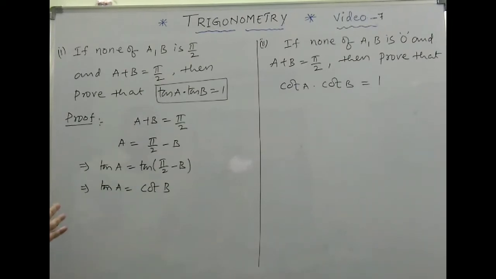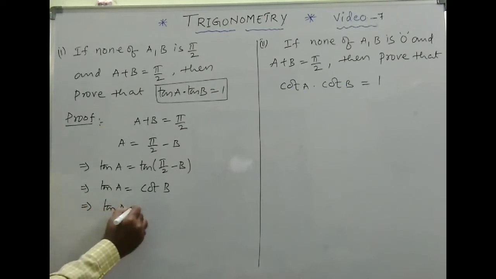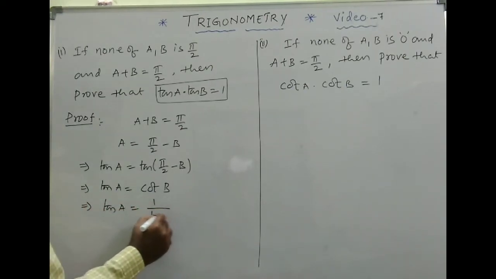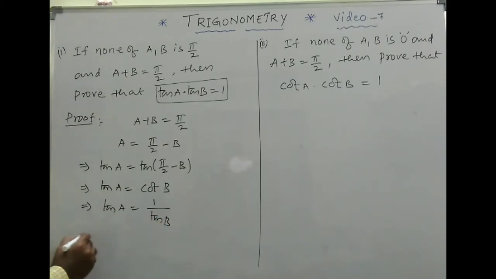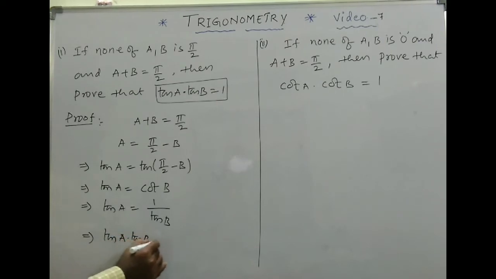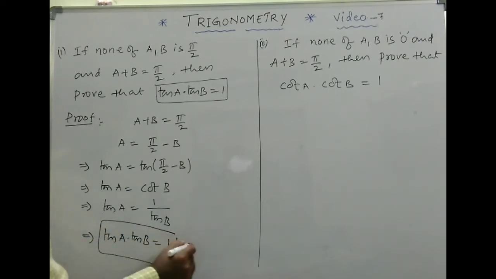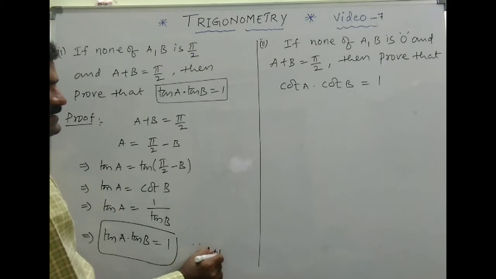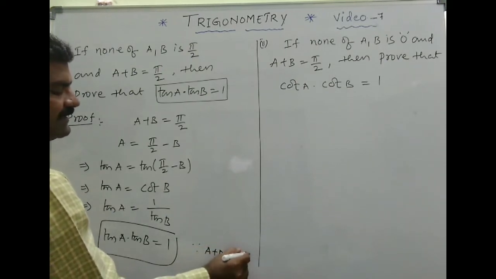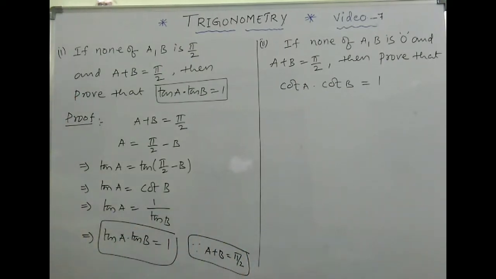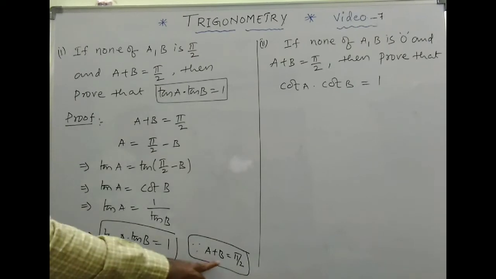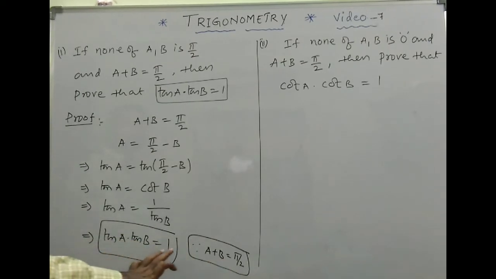So tan A is equal to what we got, cot B. Now cot B we can write as 1 by tan B. So on cross multiplication, tan A into tan B is equal to 1, provided the condition is A plus B is 90. If the sum of the angles is 90, I mean the angles are complementary, then tan A into tan B is equal to 1.